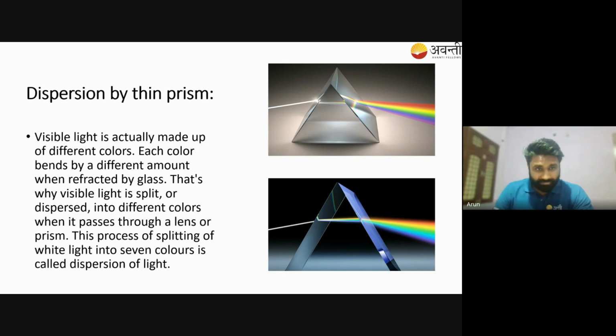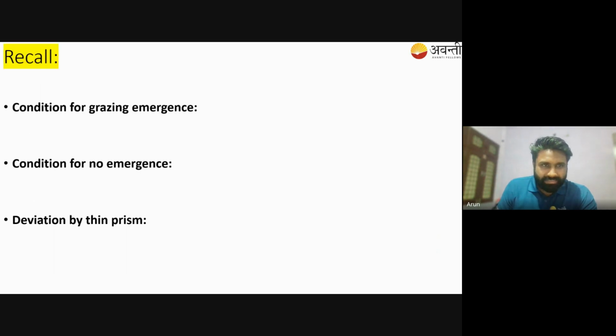So here, this is the prism we have. Dispersion is the splitting of visible white light into 7 different colors, and this phenomenon is termed dispersion. Why is it happening? What is the cause of dispersion?